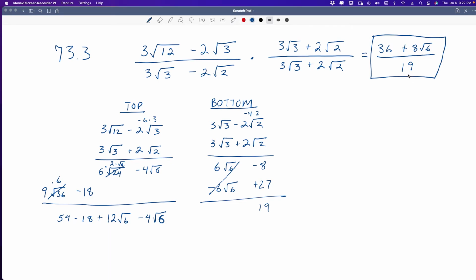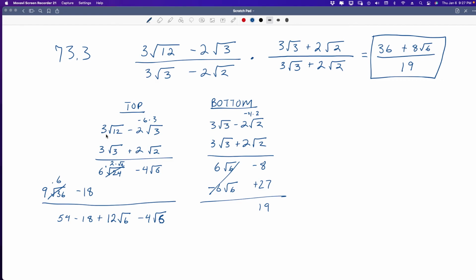So what we did was we set up our top and our bottom, right, with what we have here. These are our top numbers. These are our bottom numbers. So we lined them up. This is going to be negative 4 times the square root of 6, which is here.